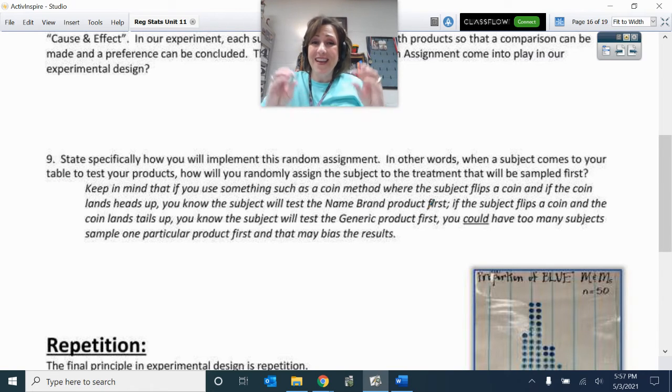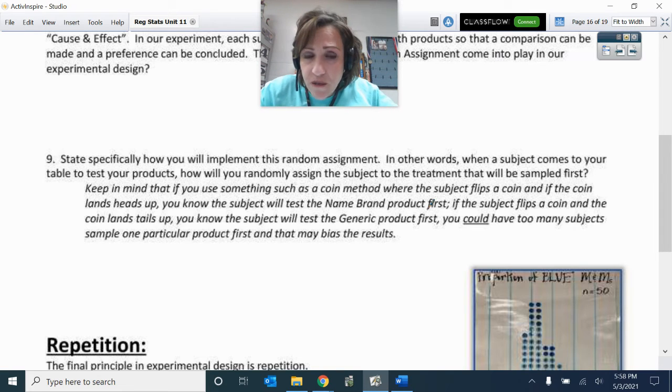Okay, so if you did that, technically speaking, could you just happen to have a whole lot of people who flip the coin and land heads up? And maybe most of the people in your group end up sampling the name brand product first?